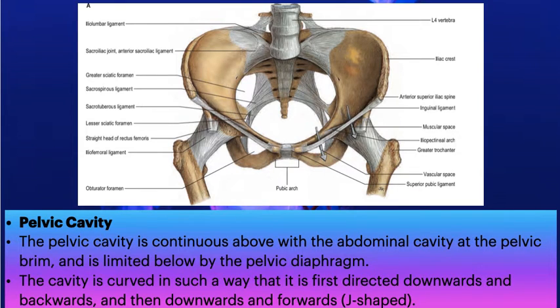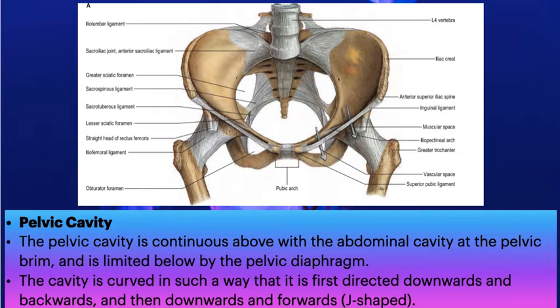Okay, so we spoke about the pelvic inlet and the pelvic outlet. Now let's talk about the pelvic cavity. We have already spoken about the walls of the pelvis, the lateral pelvic wall, how it is formed, and the muscles. Then we did the pelvic floor as well and its clinical importance. Now we'll talk about the pelvic cavity.